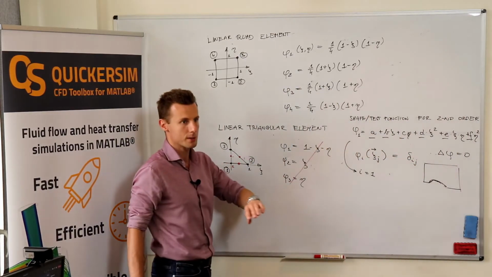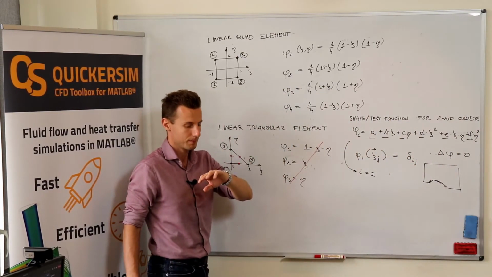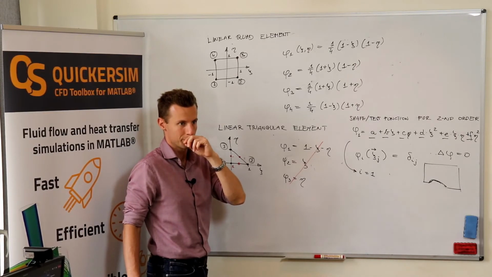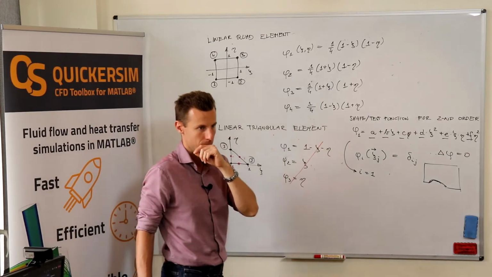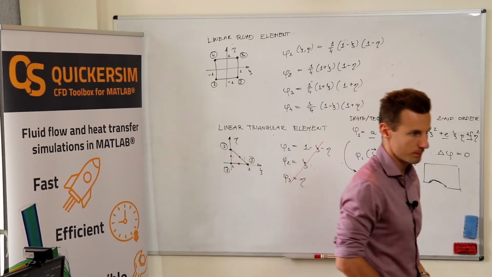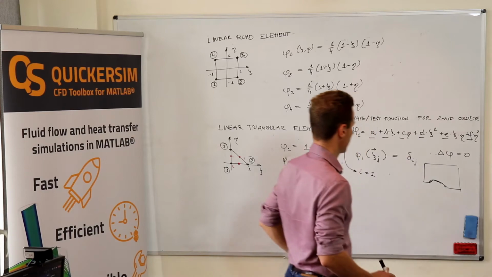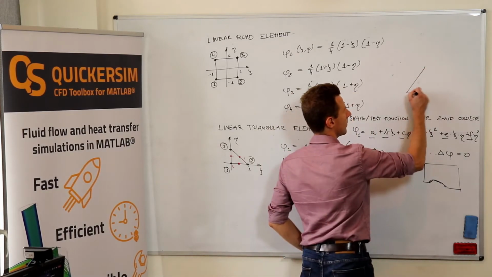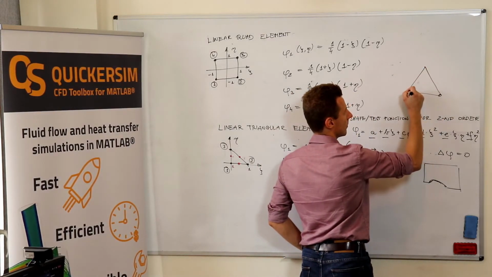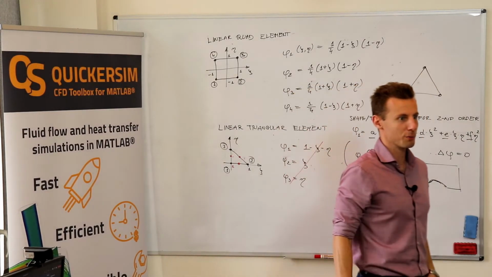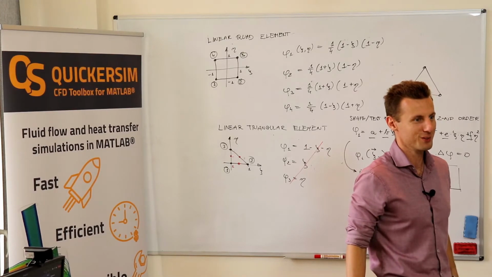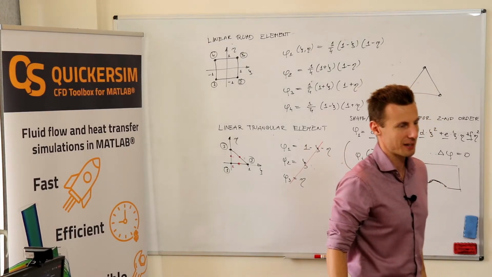Any more questions? One weird question. Have you ever tried to use a linear triangle with high order polynomials as shape functions? So basically 3 nodes in a triangle, but functions that we are using are high order polynomials. High order means like second, fourth? Maybe 10th. Yes, I have.